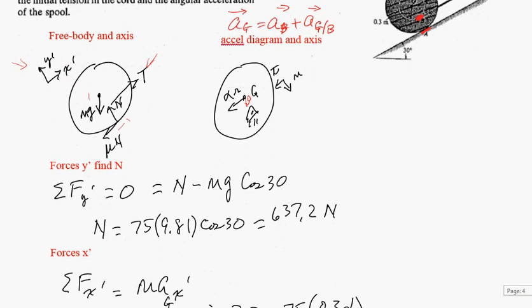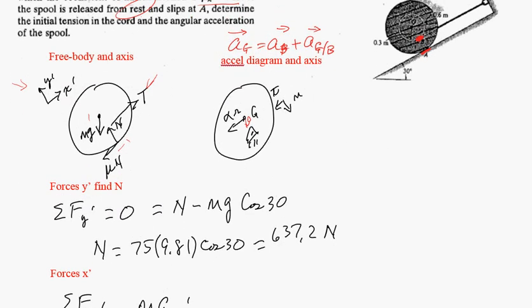You can sum the forces in the y prime direction on your free body diagram, and you get N minus mg cosine theta, and you know those numbers, so you can find N. In the y prime direction that's equal to 0. There's no acceleration in the y prime direction.